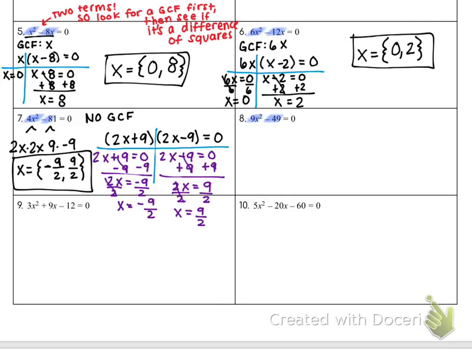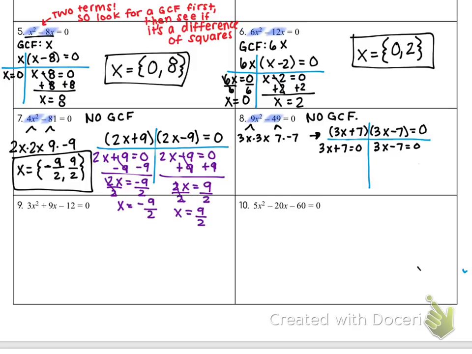Okay, here, 9x squared and 49 do not have a GCF, but they're a difference of squares. So 3x times 3x, 7 times -7. We can write this as 3x plus 7 and 3x minus 7. And we're going to set it equal to 0, and we're going to set each side equal to 0.